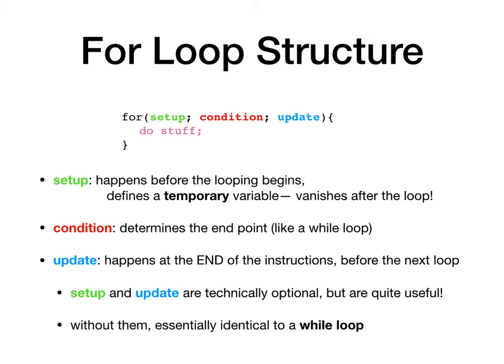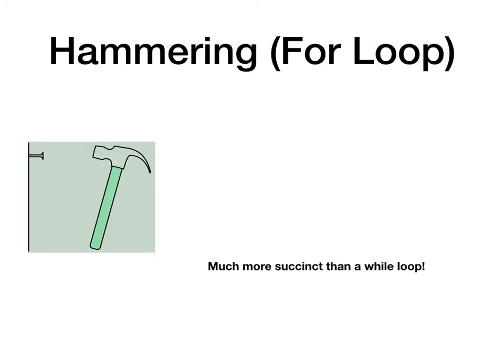Let's look at how we can apply this to our hammering problem. It's the same problem, right? But we're going to do it all at once, more or less. So nail height starts at 10. That's our setup.